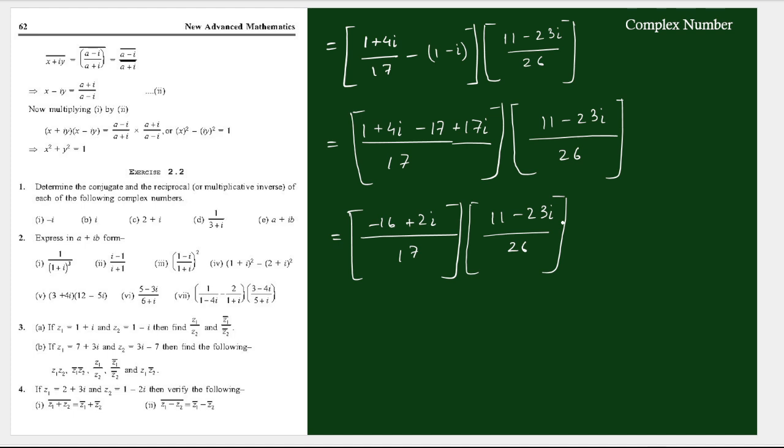Now what do we have? You can simply multiply, then you will get the answer. So 17 into 26, and 16 and 11 you multiply.